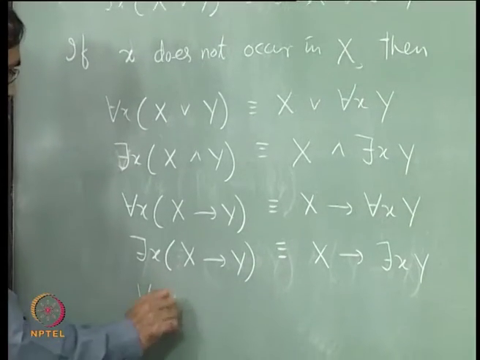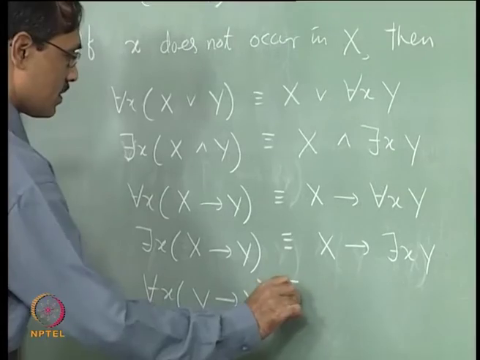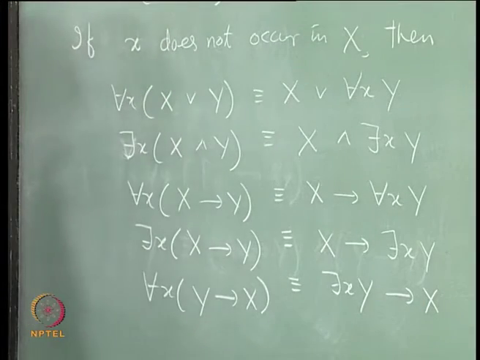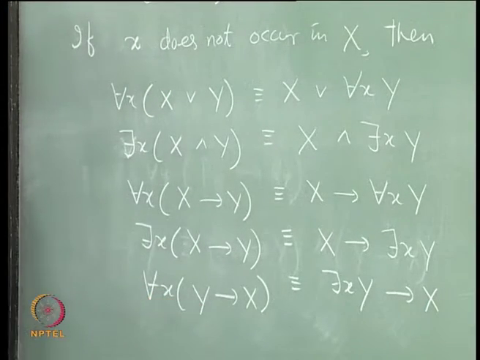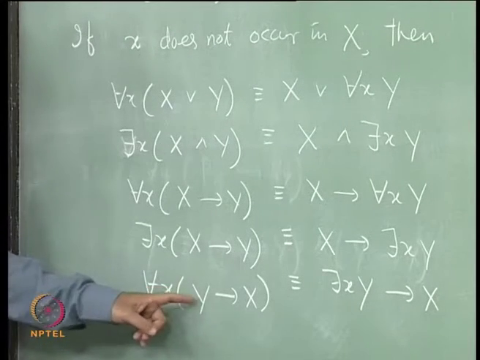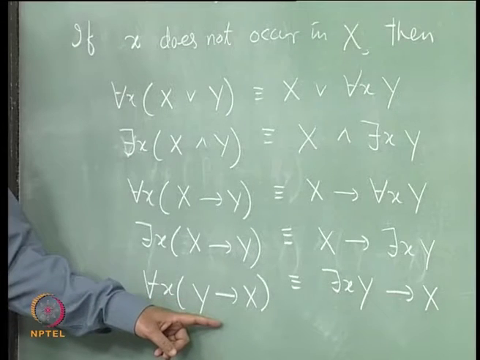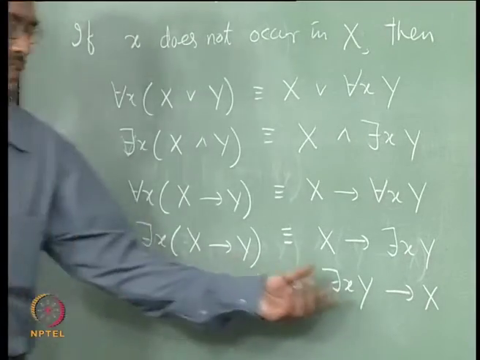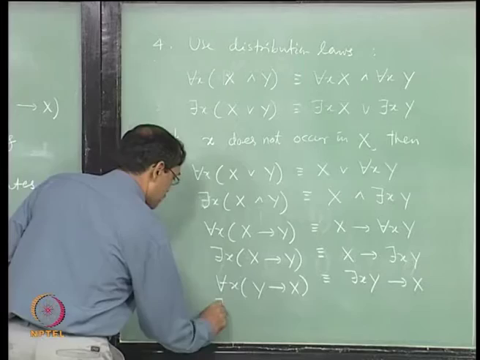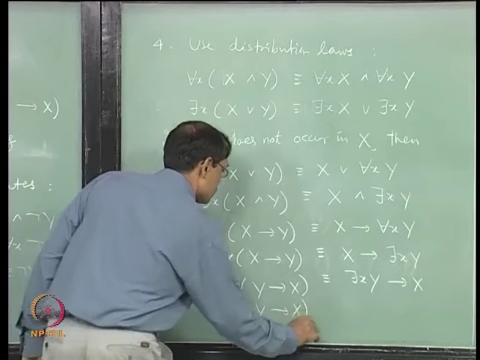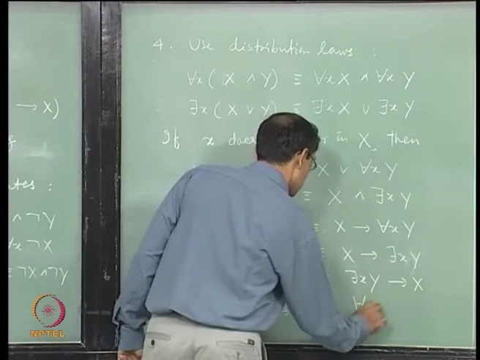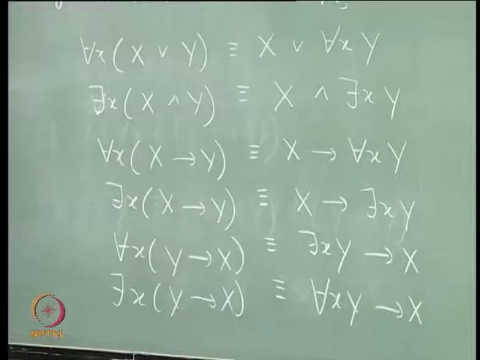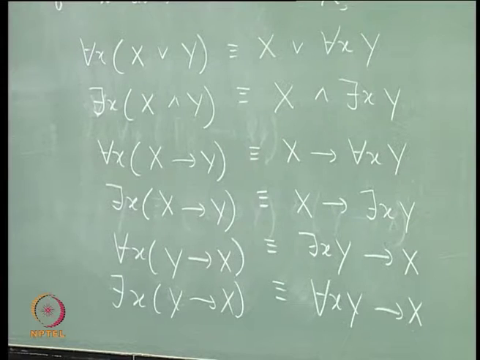Then for each x, y implies X, that is there is x y implies X. It will change the quantifier because of this implies, because this is really not y or X. So, it will come to for each x not y, which is not there is x y or X, that is there is x y implies X. Similarly, there is x y implies X is for each x y implies X. So, this should be sufficient.